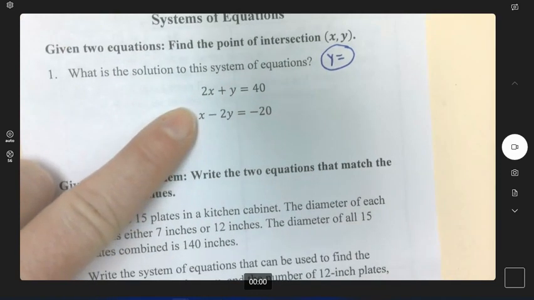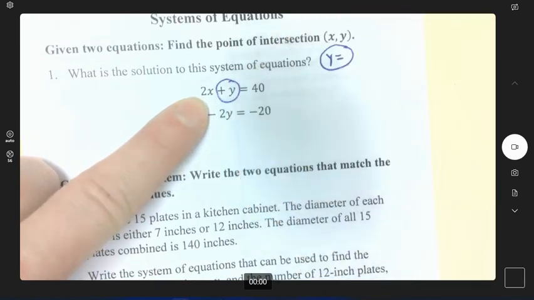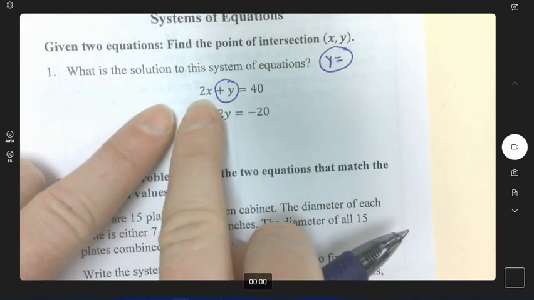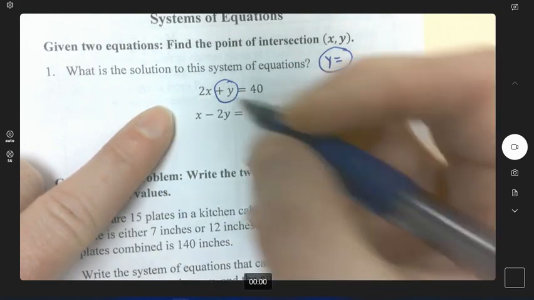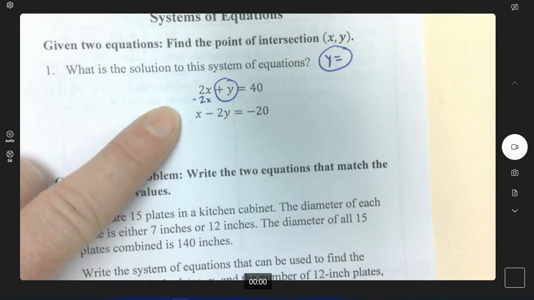So this first one, we want to get y by itself, and it's a positive y, so that's good. Go ahead and circle that positive y. So in order to get y by itself, we need to get rid of this 2x. So you have to do the opposite of 2x, which would be negative 2x. So if I subtract it here, whatever I do to one side, I have to do to the other.